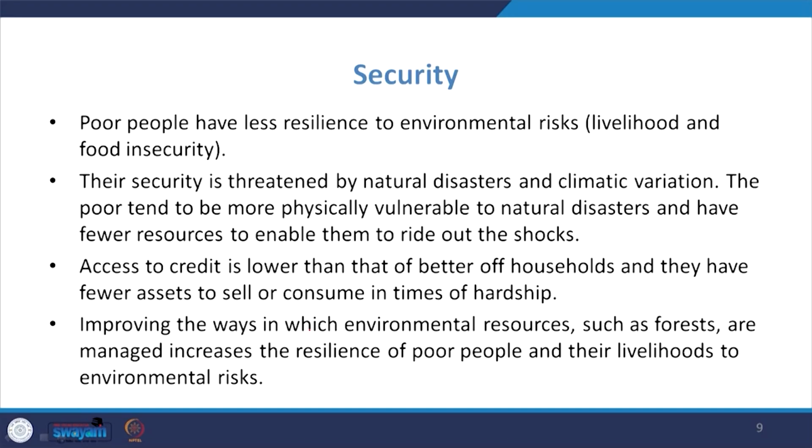So, if the investments are made in protecting the environment, in managing the water resources, in managing the forest resources, in investing on watersheds, all these investments will help to improve the resilience of poor people and also reduce the livelihood risk that are associated with environmental degradation for the poor people.